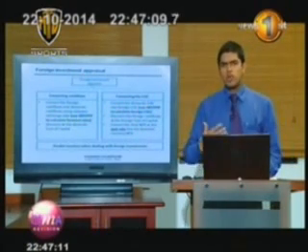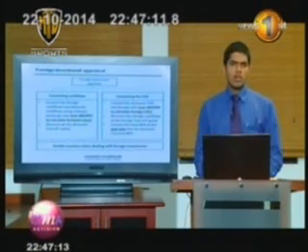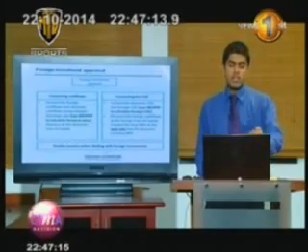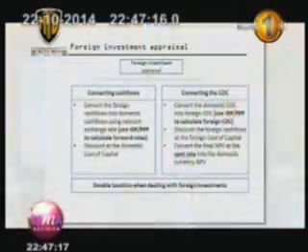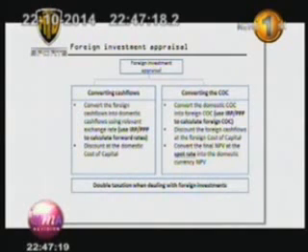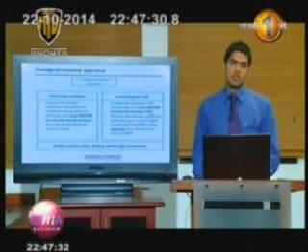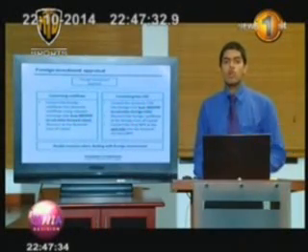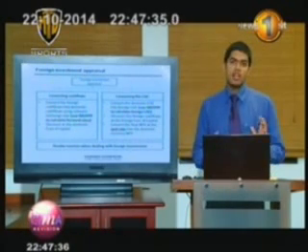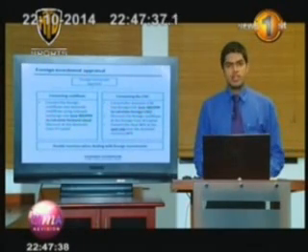Now, once you calculate your forward rates and you have your spot rate, under this converting cash flows approach, you convert your foreign cash flows into your domestic cash flows at the exchange rate applicable. Once you have your domestic cash flows, now it's like a normal domestic investment appraisal. You take your domestic cash flows, you discount at your domestic cost of capital, you generate your NPV, done and dusted.